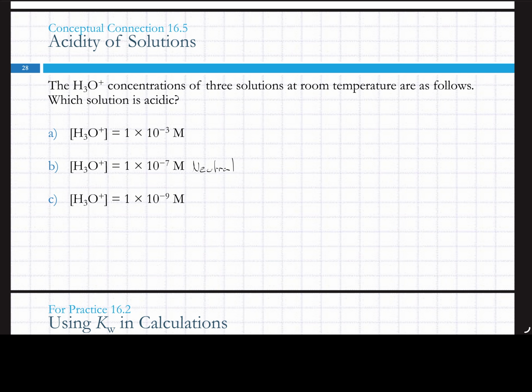This is 0.2345678. So which one's higher in concentration? A. I mean, this is part of the reason that we have pH, because the concentrations can vary by so much. I mean, these are orders of magnitude different.